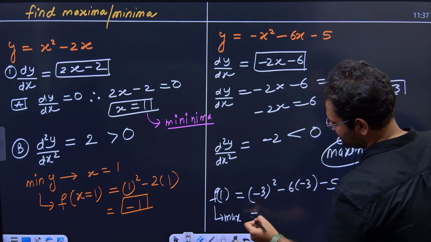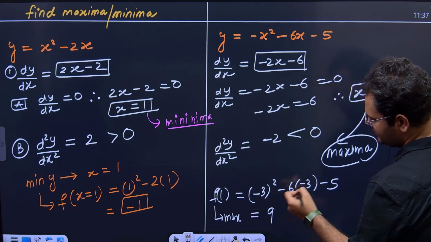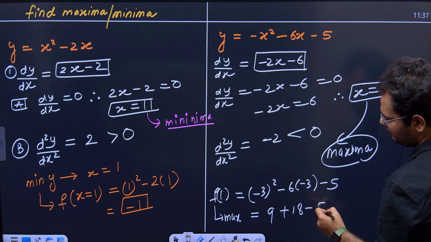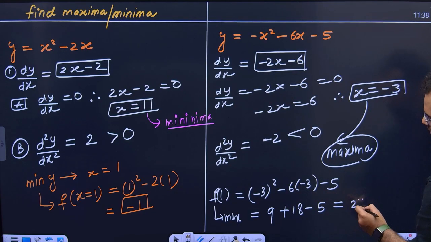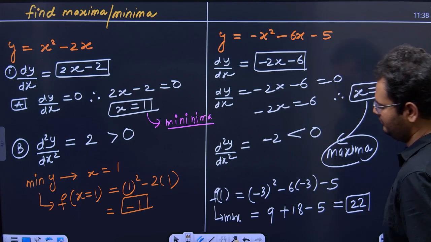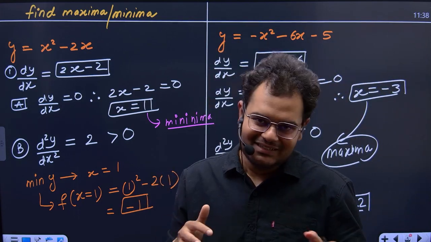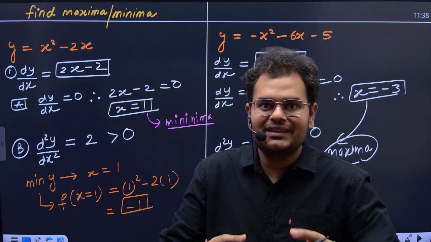How much is it? This is 9 plus 18 minus 5. How much is it? 22, I think. Are you getting it? Is it easy to solve? See, things are easy, but we make them complicated.